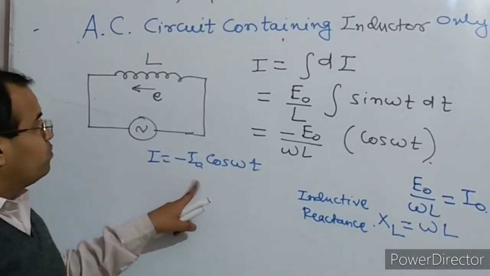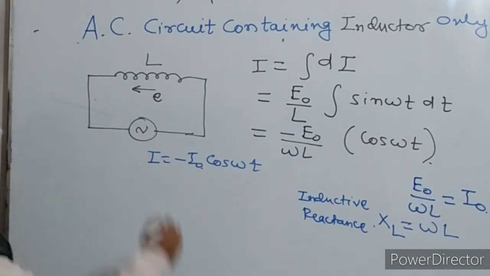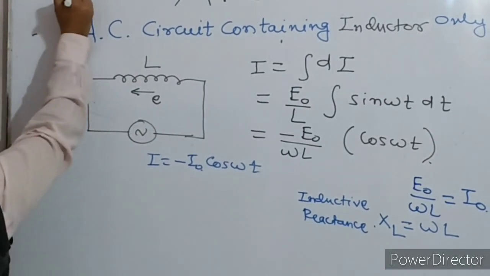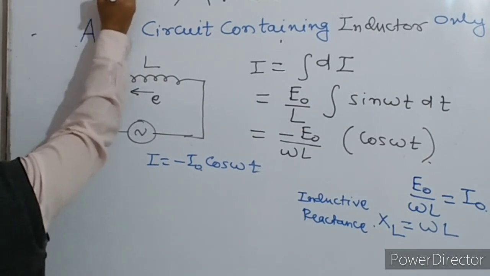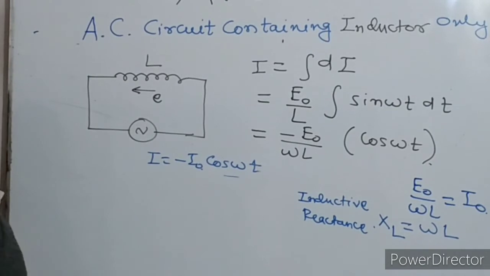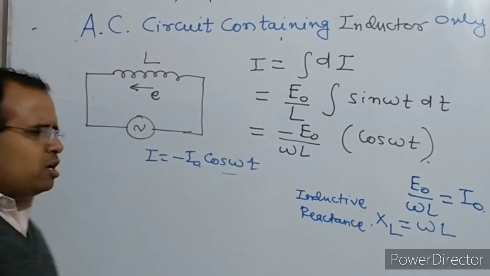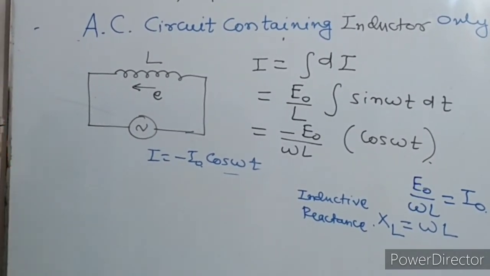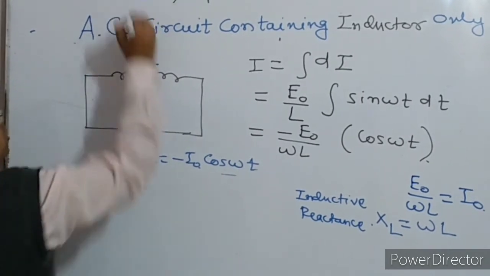Now we are trying to write it in terms of EMF, which we wrote earlier: E equals E naught sin omega t. So we will write it in terms of sin omega t so that we can compare both equations. This was equation number 1.